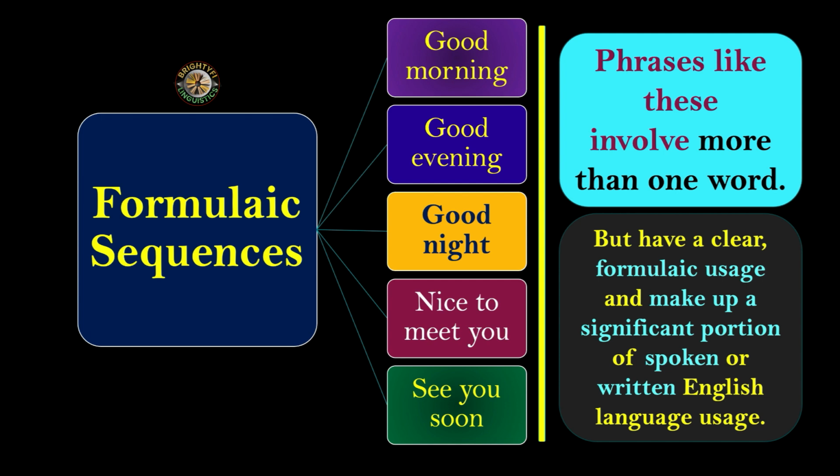Formulaic usage means that they have a clear, definite pattern, and we memorize these groups of words as one chunk, as one formulaic sequence, and it remains longer in our memory. Good morning is good morning. We don't say good morning with any other expression. That is the idea here.